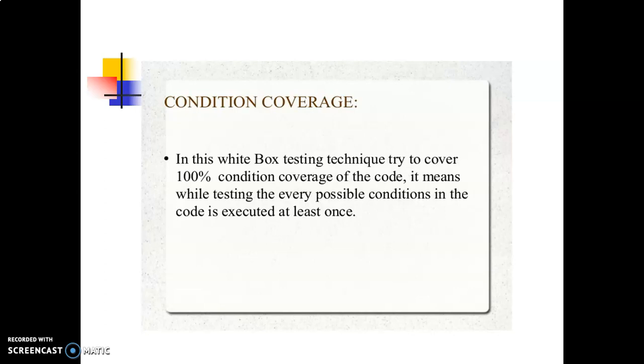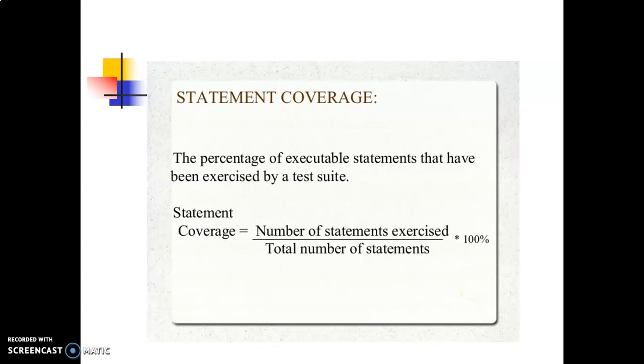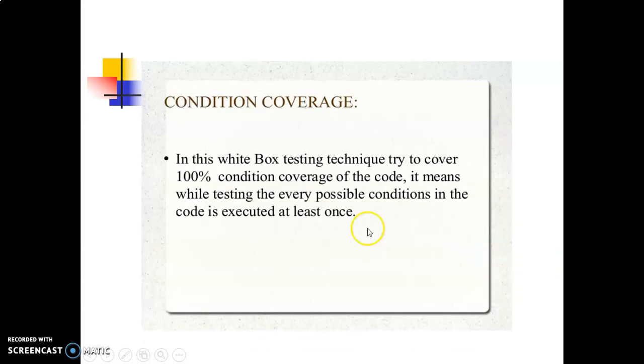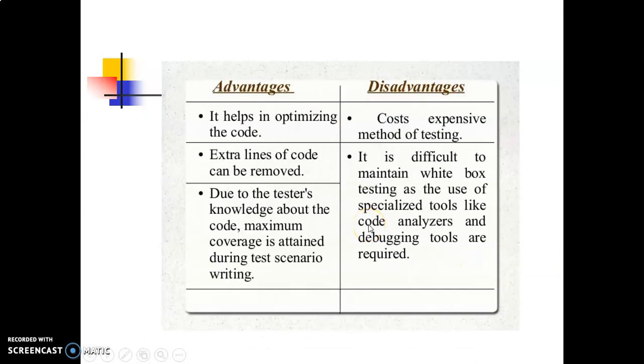It has the same formula as statement coverage: condition coverage equals the total number of decisions exercised, divided by the total number of decisions in the program, multiplied by 100. This is the only change in condition coverage. So these are two techniques for performing white box testing.